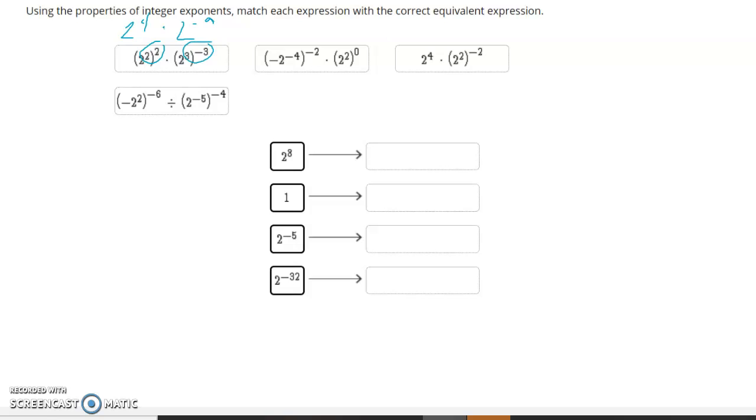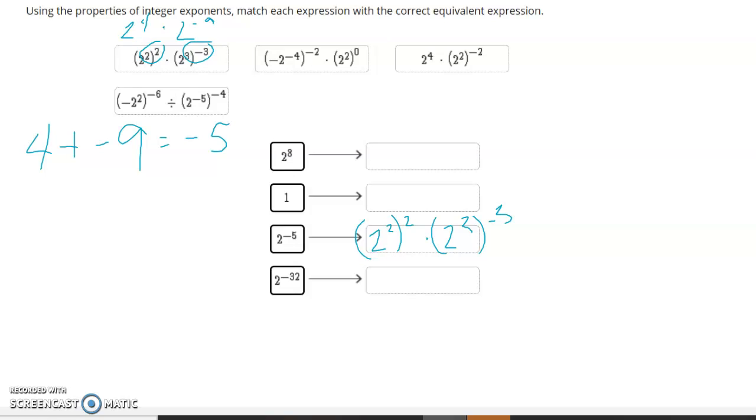We have multiplication, so we're going to add 4 plus negative 9. Signs are different, so we subtract, and that leaves us with negative 5. So 2 to the negative fifth, we see right here, is 2 squared raised to the second power times 2 cubed raised to the negative third. So those are equivalent expressions.